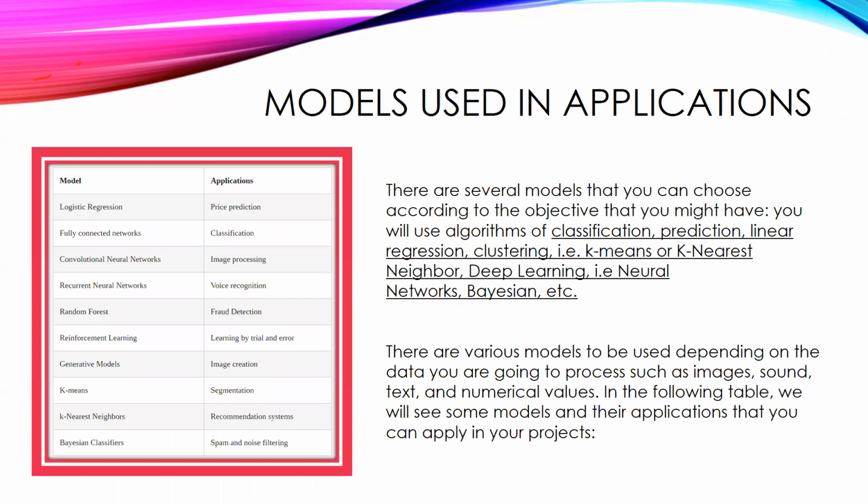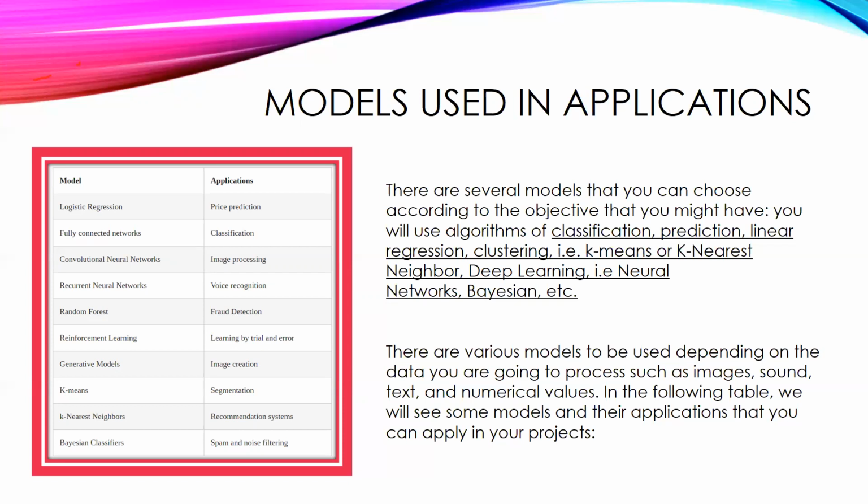So I'm just giving an idea of the different models we use. Supervised, unsupervised, and reinforcement are techniques, but models are the different algorithms we are talking about. So giving an example of price prediction, when you're predicting a price, logistic regression is the best model which suits price prediction.